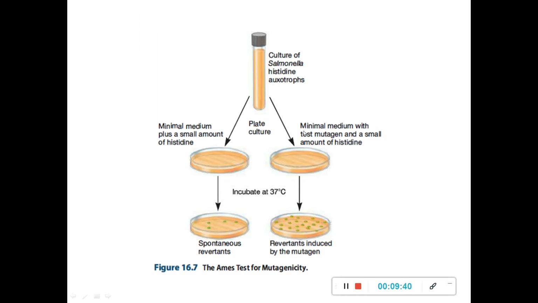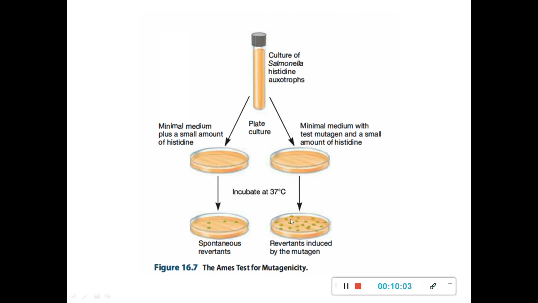But sometimes, under the influence of this mutagen, the auxotrophic nature of Salmonella gets reverted back, and you get more bacterial colonies on the plate, indicating that the reversion of the histidine auxotrophy has happened.